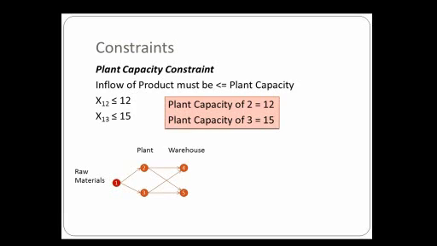And the easiest one to do would be the raw materials. So the amount that's flowing from node 1 to node 2 has got to be, in this case, less than or equal to 12 if 12 is the plant capacity. And if the plant capacity is 15 for node 3, then the amount flowing into node 3 has got to be less than or equal to 15. So those are the constraints that I would need to set up to model the plant capacity in the mixed integer programming model.